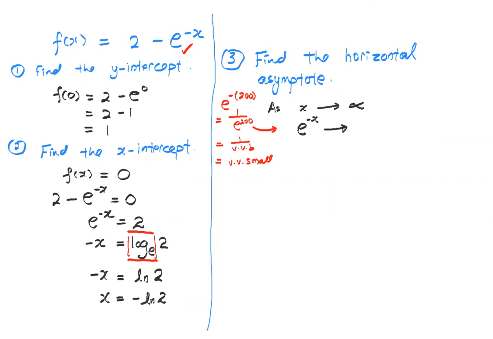So what do I write down here? Approaches 0. But is that my y? No. So my y is 2 times minus something that will approach 0.